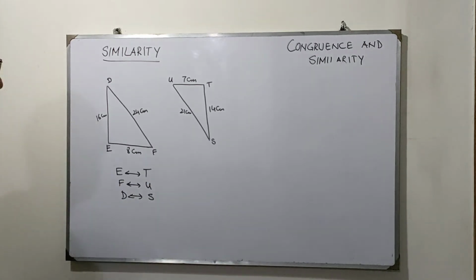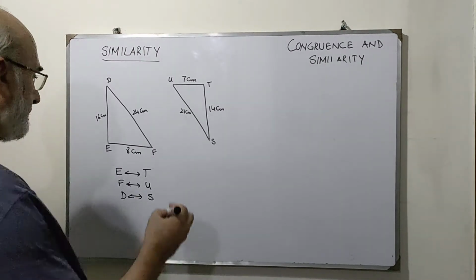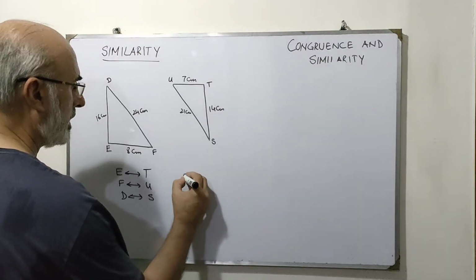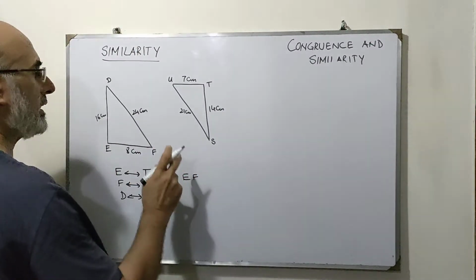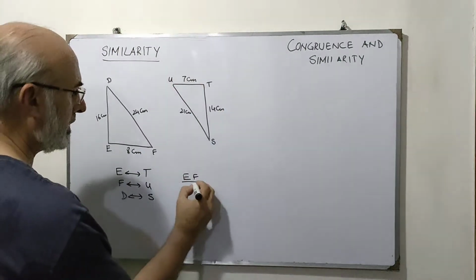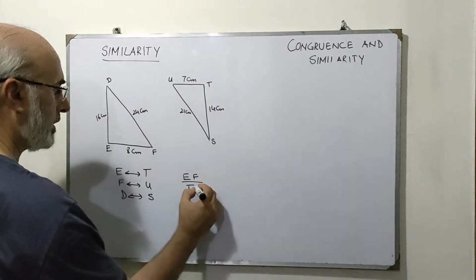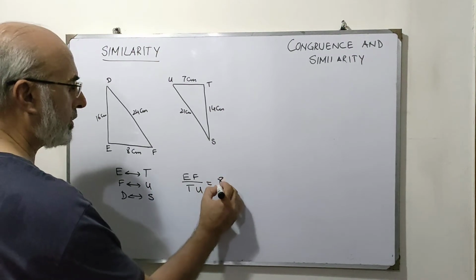Now let's compare the sides and get the ratios. First ratio, EF over TU, so it is 8/7.